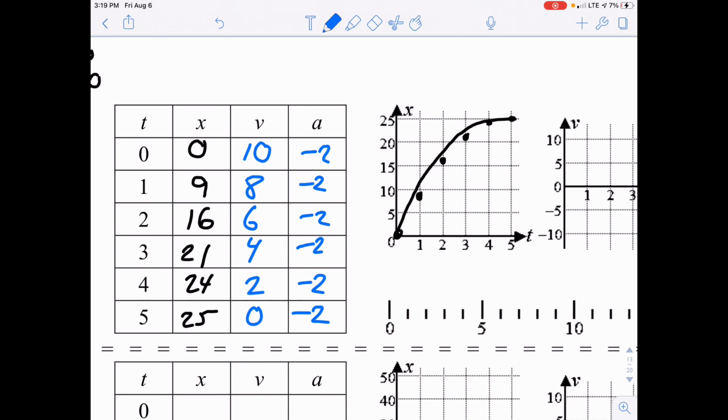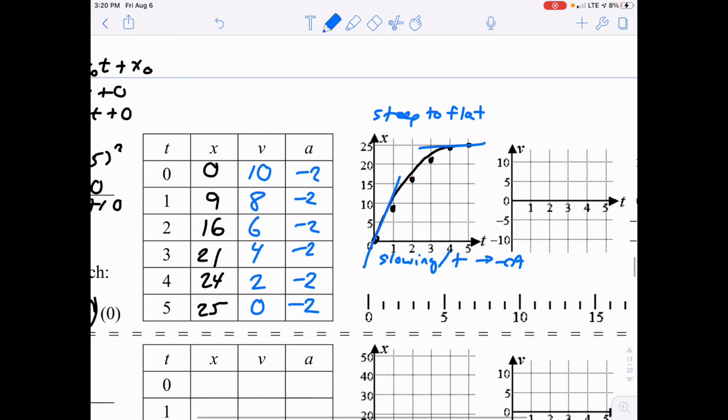When we examine this a little closely, we have slopes that change from steep slopes to flat slopes. And anytime you're going from steep to flat, you are slowing down. And we're slowing with positive slopes, so we're slowing in the positive direction. This is overall going to be negative constant acceleration, negative 2, in fact.